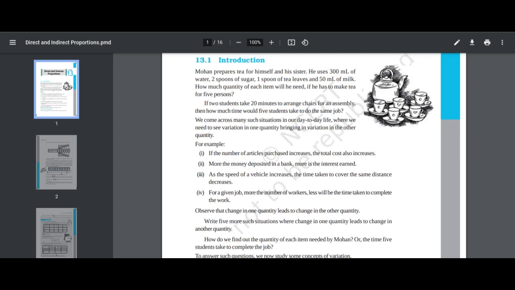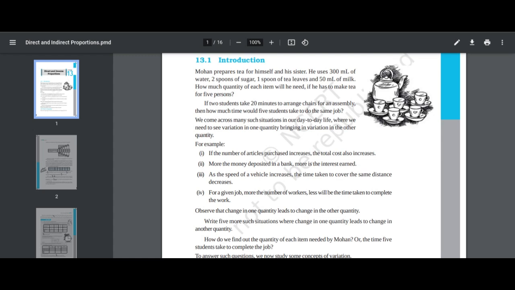Yes. So if students increase, the time will decrease. Right? For 2 students, this is 20. Then for 5 students, it will be 15 or... not 15.